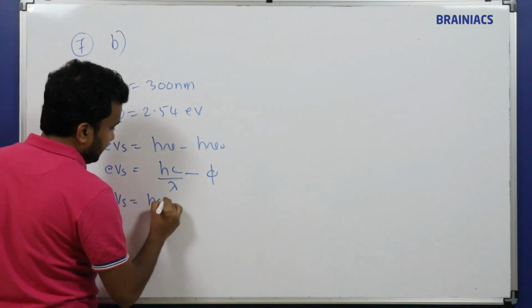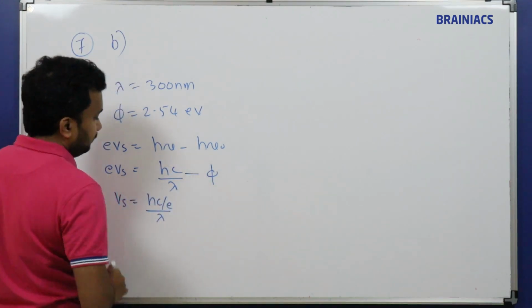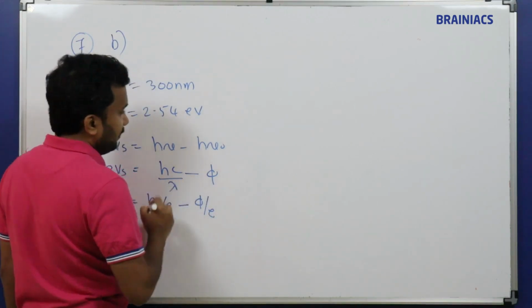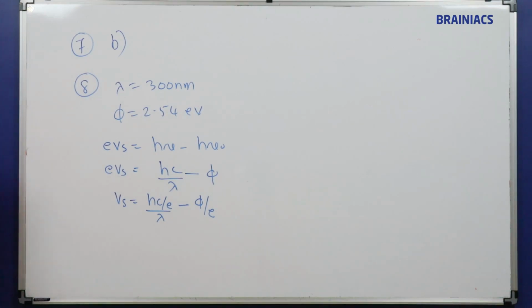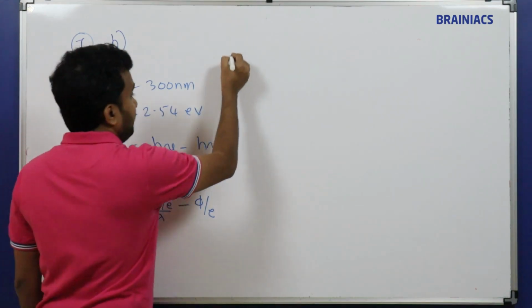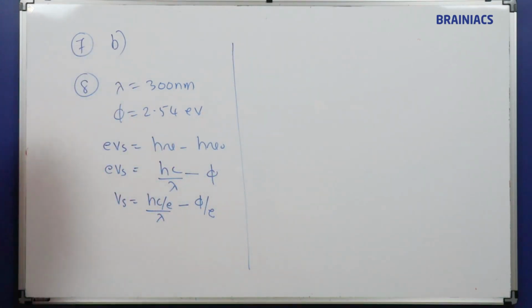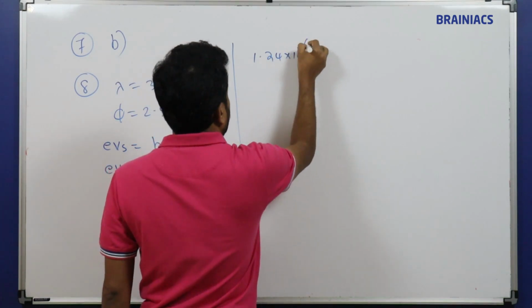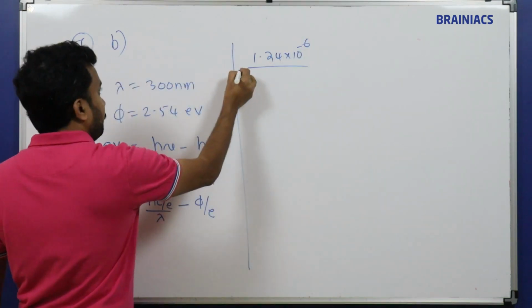Vs will be equal to hc by e lambda, with e taken, minus phi divided by electron volt. You know the value of hc by e, 1.24 into 10 power of minus 6. I already told you to remember this one.